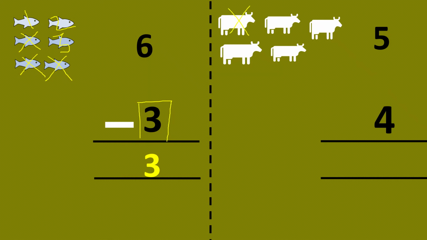So one, another one, the third one, and the last one. So how much remains here? 1. Before writing the answer we use a symbol, which is a minus. After using the minus symbol, we come out with the answer, which is 1.